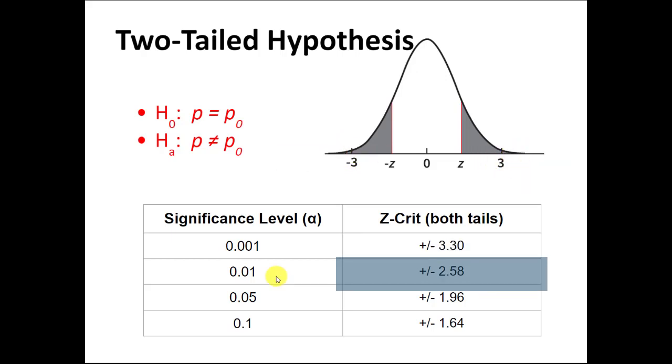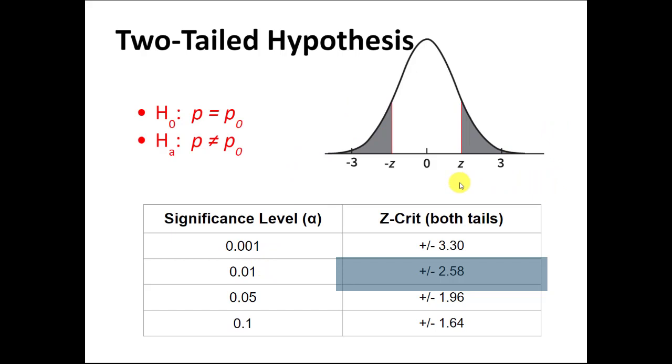If you have a significance level of 0.01, so 1% alpha, and you have a two-tailed hypothesis, then half of the significance level would go here and half of the significance level would go here, right? So that both areas would be 1% total, so 0.5% and 0.5%.